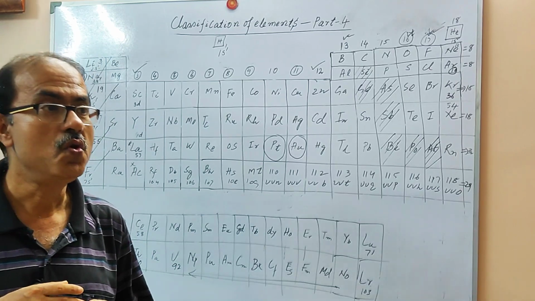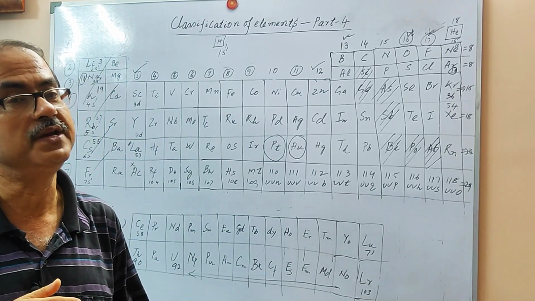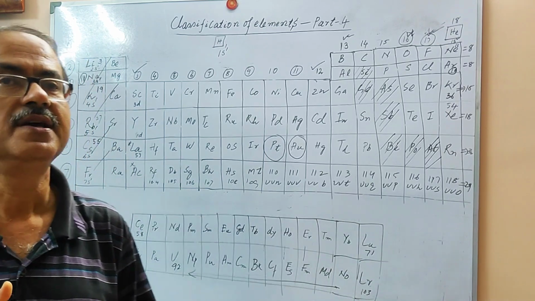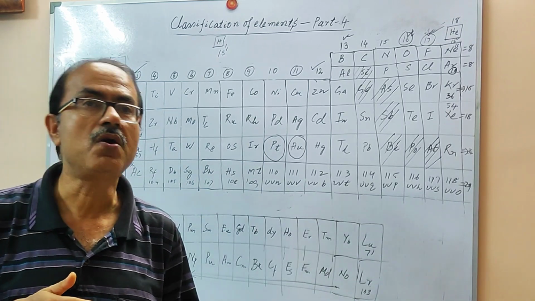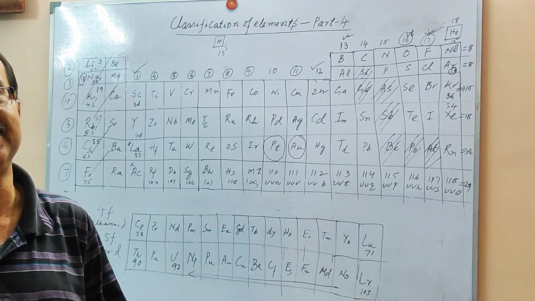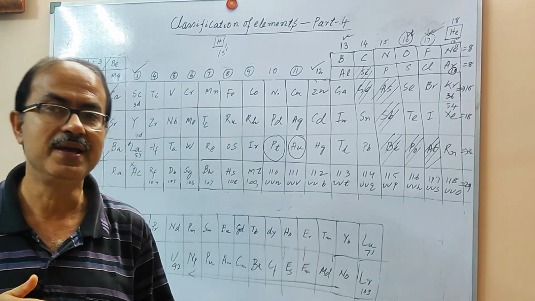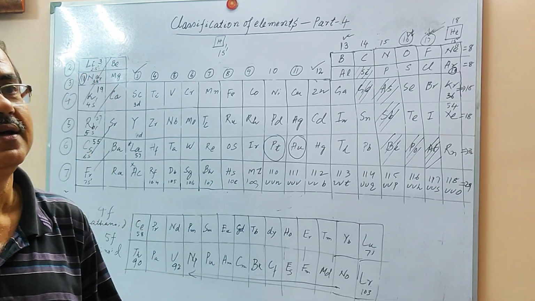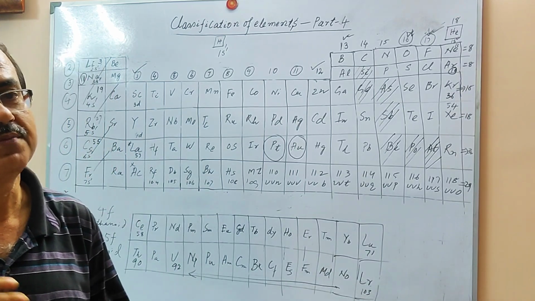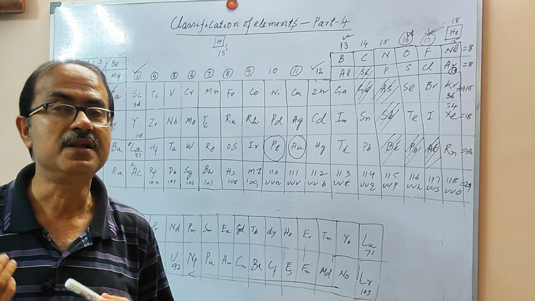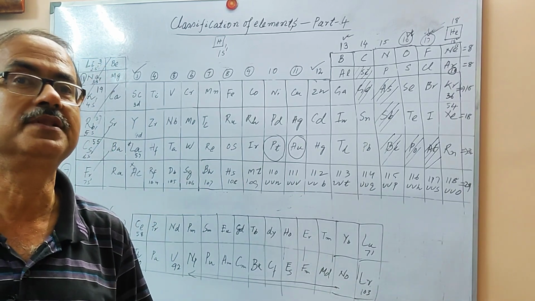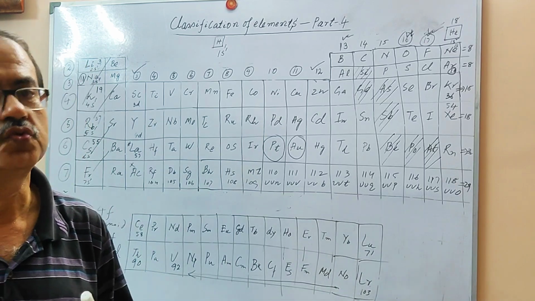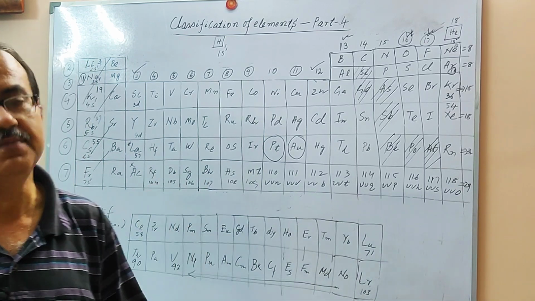This question can be answered from the valence shell electronic configuration. The number of elements is twice the number of orbitals to be filled in the required energy level. When n equal to 1, we know there is one subshell, s, and in that subshell there is 1 orbital, so 2 into 1 is 2, so there are 2 elements.